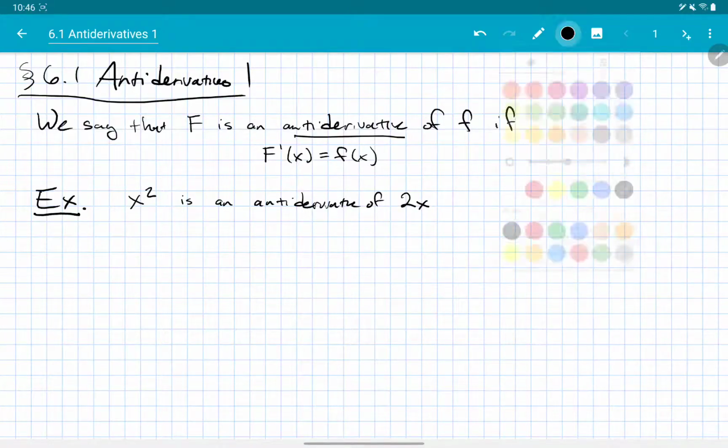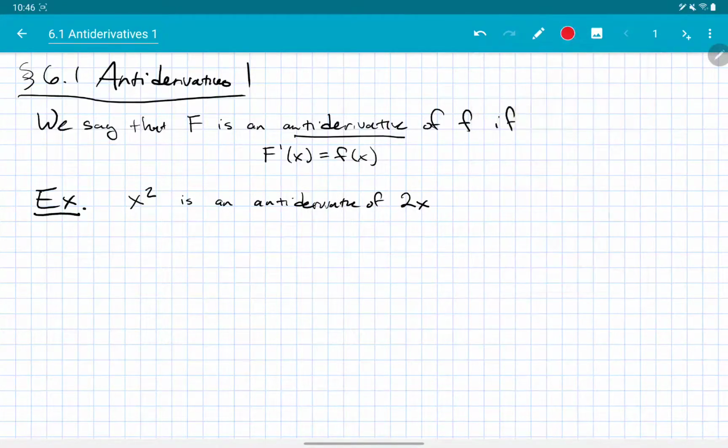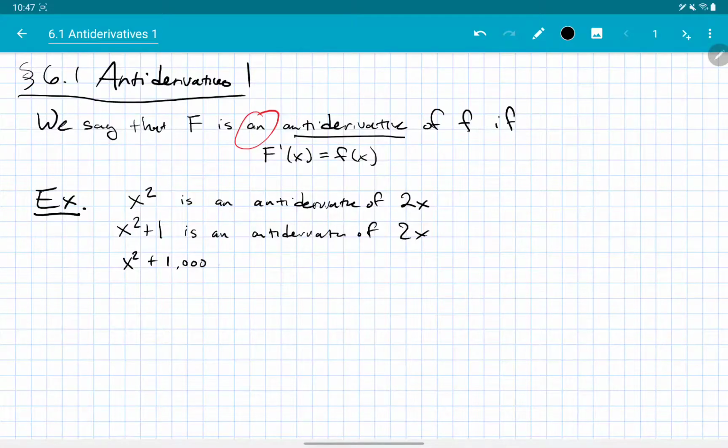You notice one strange thing about the definition, which we normally don't see in a mathematical definition. Here we have this "an" antiderivative. The reason why we say "an" and not "the" is because the antiderivative is not unique. For example, x squared plus 1 is an antiderivative of 2x as well. So is x squared plus a million.